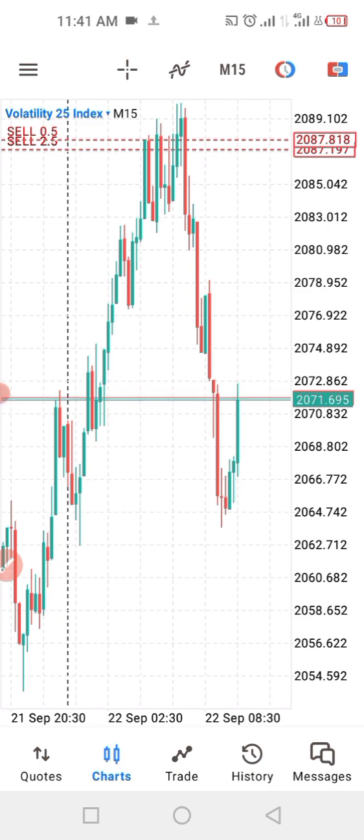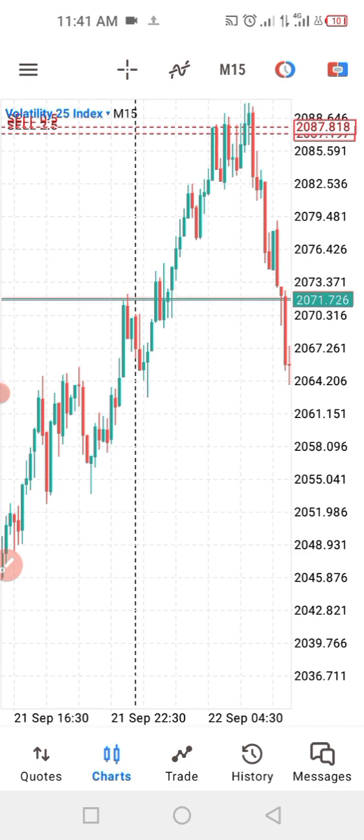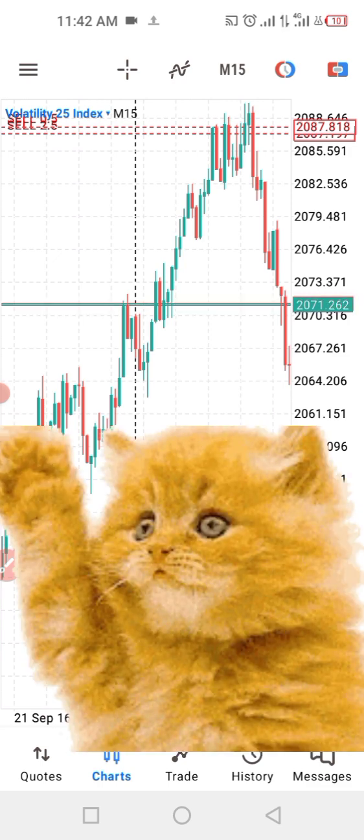But if you are confused about getting your entry, you switch to a lower time frame. So if your entry is normally 15 minutes and you get confused on getting a good entry on 15 minutes, you want to get this sniper entry, what you have to do is switch to 5 minutes. This is what I do.